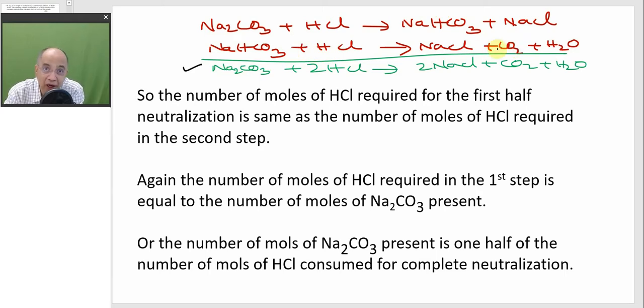Now I'm talking about the phenolphthalein indicator. Sodium carbonate is a weak base and it has two steps: first sodium bicarbonate, then carbonic acid. Carbonic acid is nothing but carbon dioxide and water. Carbonic acid is not stable, right?